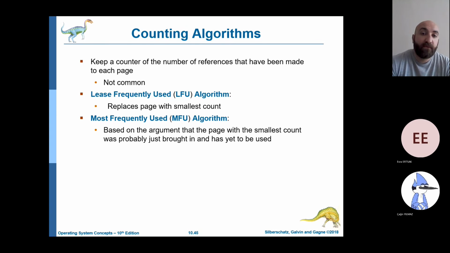The most frequently used page replacement algorithm is based on the argument that the page with the smallest count was probably just brought in and has yet to be used.